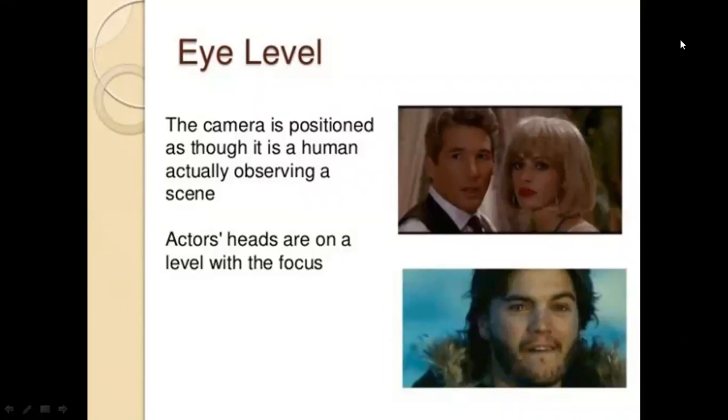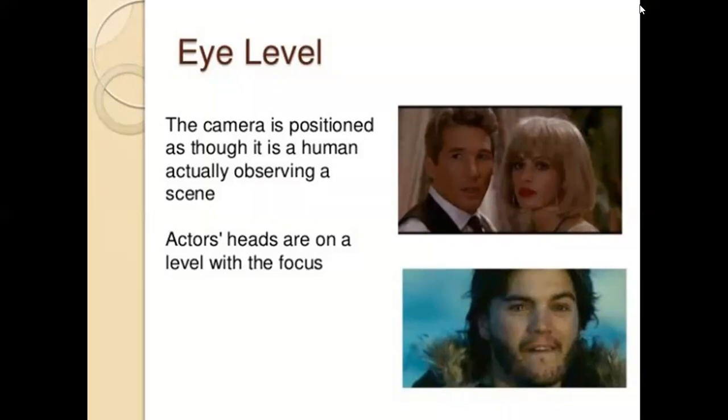Actors' heads are at one level. So an eye level camera angle doesn't require the viewer to see the eyes of the actor, nor does the actor need to look directly into the camera for a shot to be considered eye level.